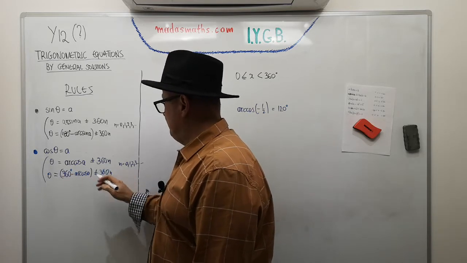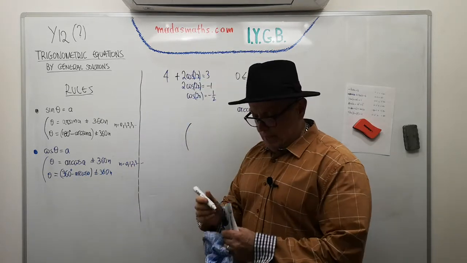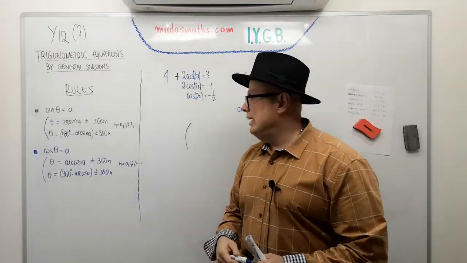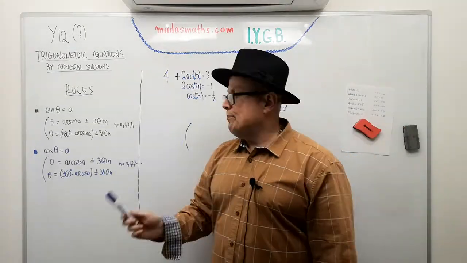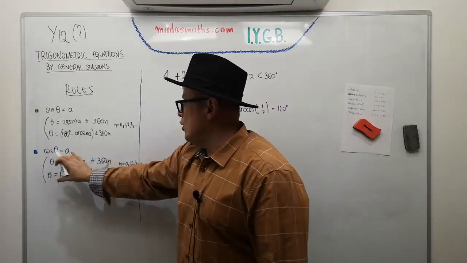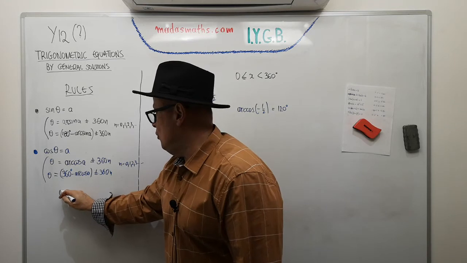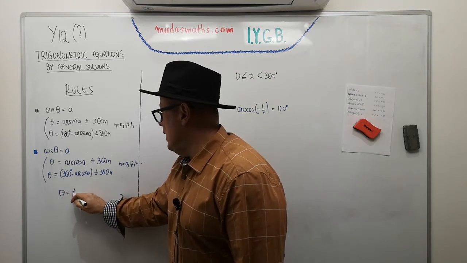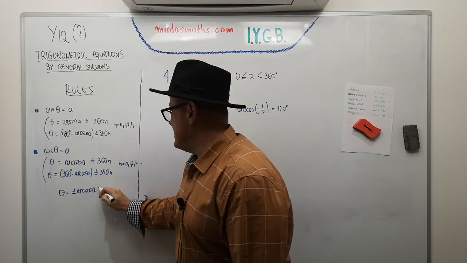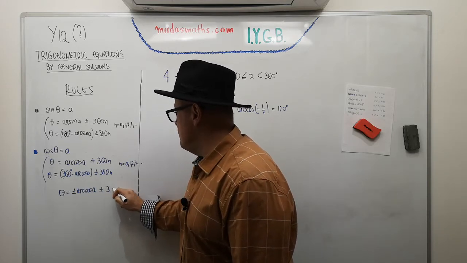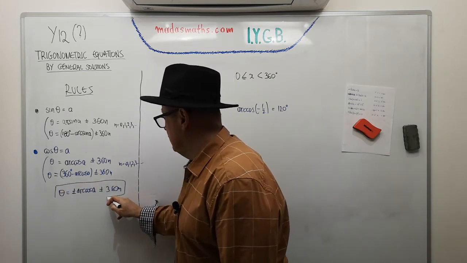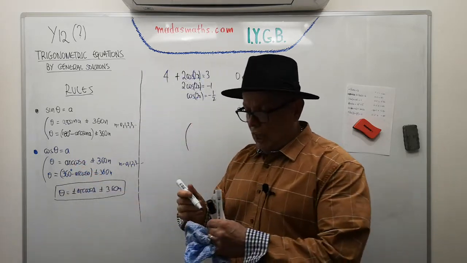I just want to say something of interest there. If you look at work of mine that dates back to perhaps the late 1990s, this particular general solution for the cos, I used to write compactly the whole thing as theta is equal to plus or minus the arc cos of a. It's exactly the same, and I'll explain why I don't use it anymore. So this line here is equivalent to both of those.